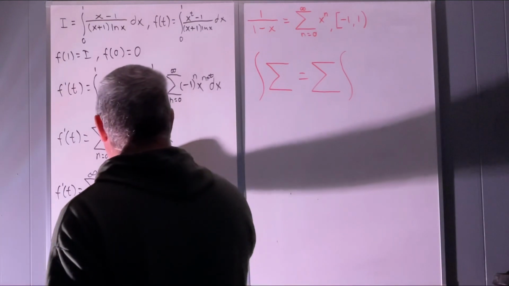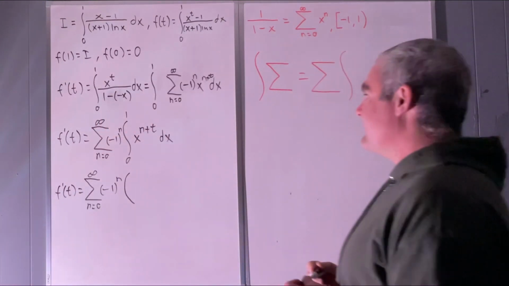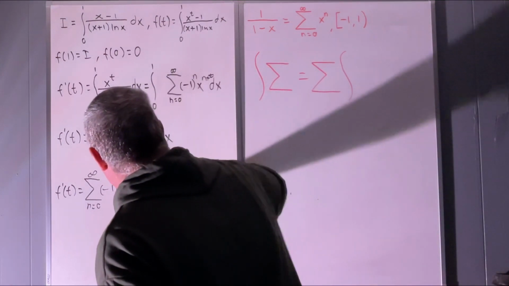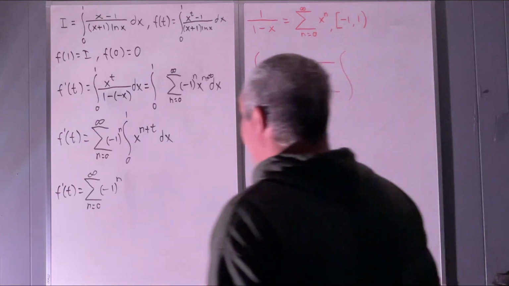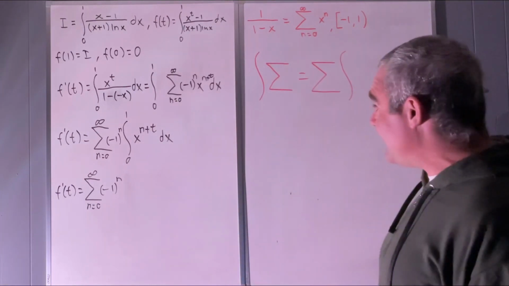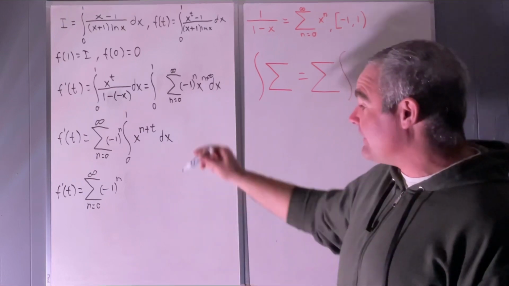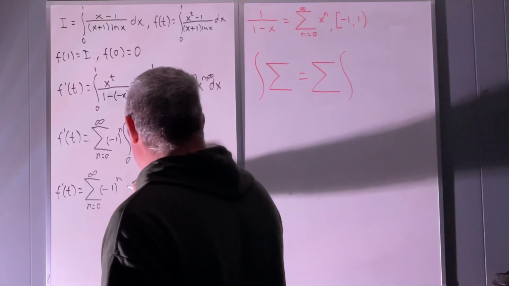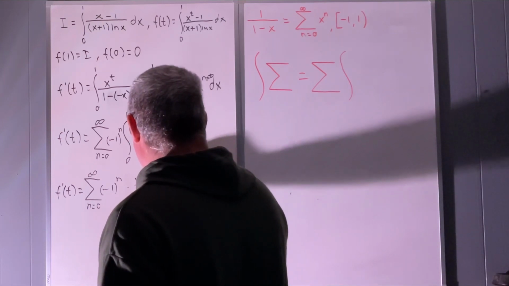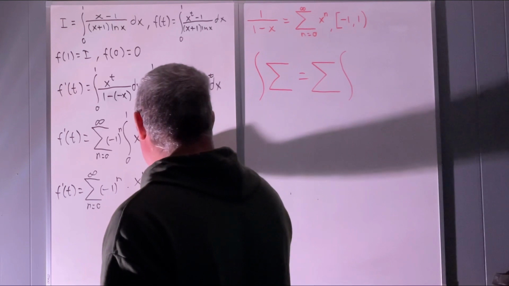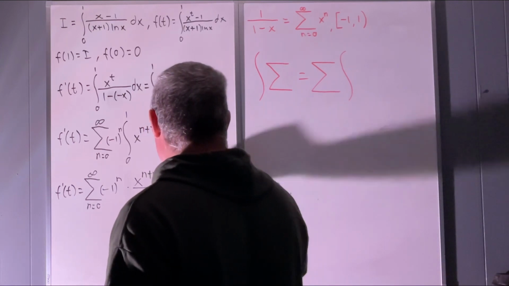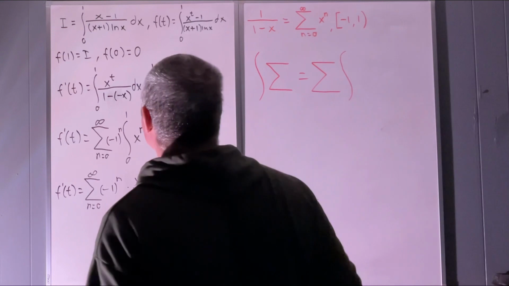We'll just put parentheses right here. Let's do it step by step, just so I don't make any silly mistakes. This is going to be the antiderivative of this with respect to x, evaluated from 0 to 1. So this is just going to be x to the n plus t plus 1 over n plus t plus 1, evaluated from 0 to 1.